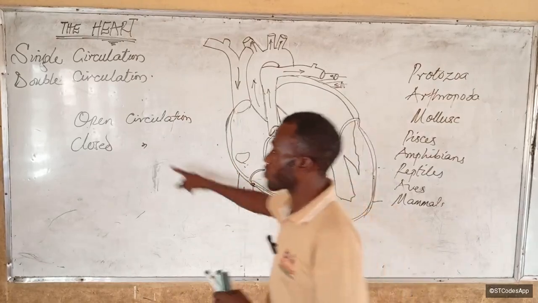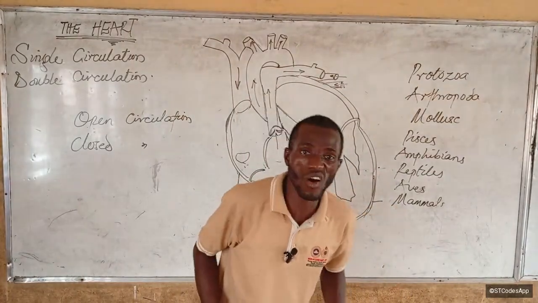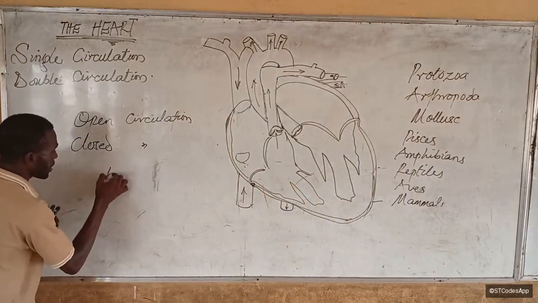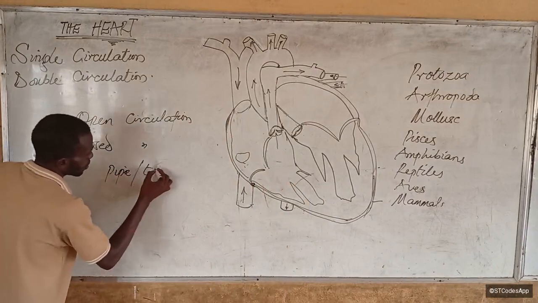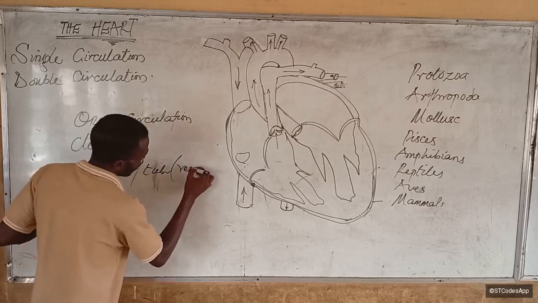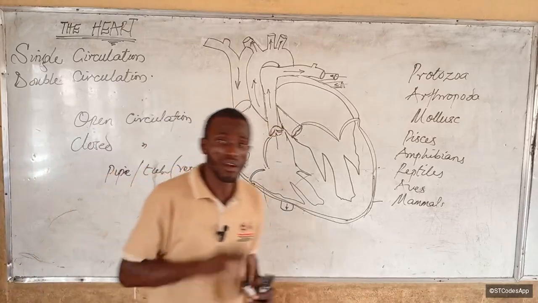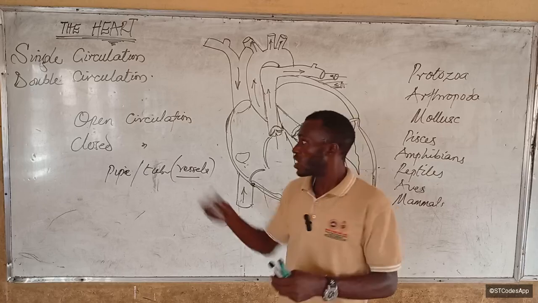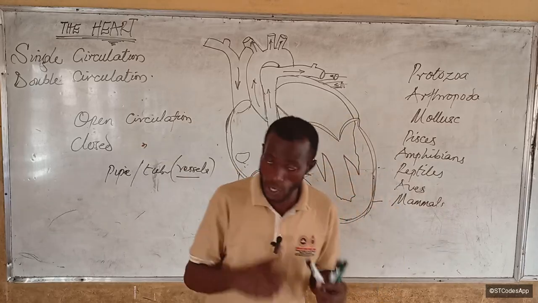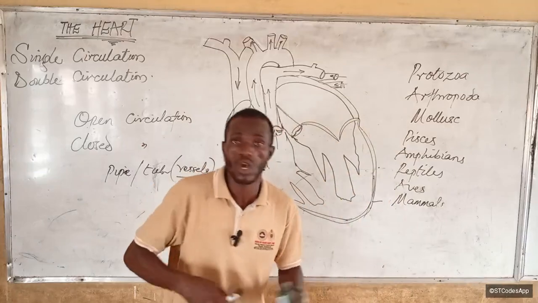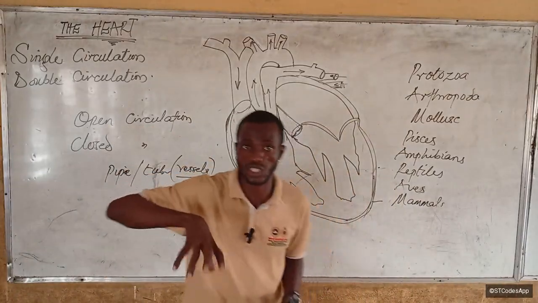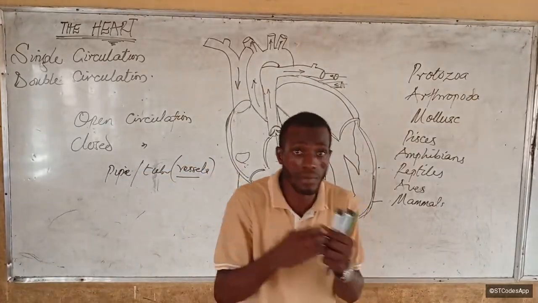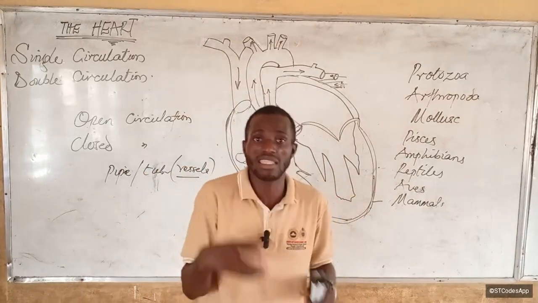Now, in a closed system, the blood is taken through a conduit, pipes or tubes that we call vessels. So the blood or the fluid of transport is borne in vessels for closed systems, while in the open circulatory system the organs that need the blood are basically floating inside the blood.